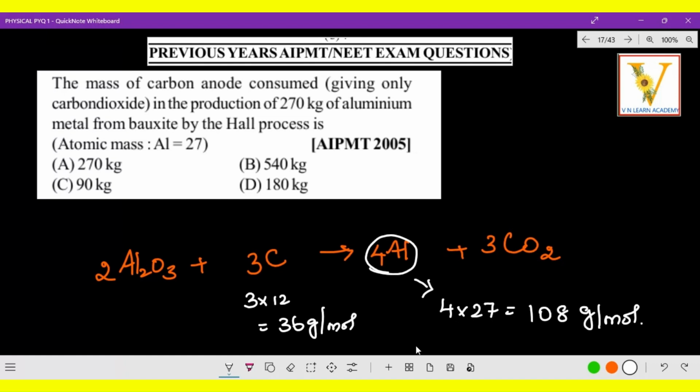So 3 moles of carbon can produce 4 moles of aluminium. That is, 36 gram of carbon can produce 108 gram of aluminium.